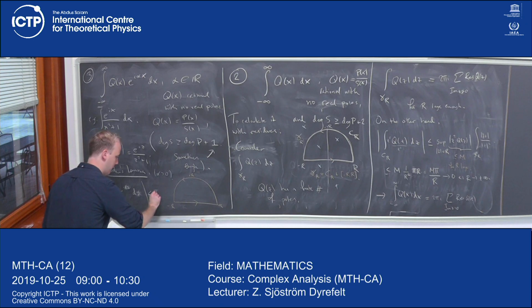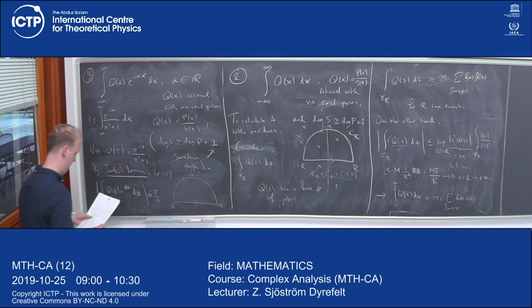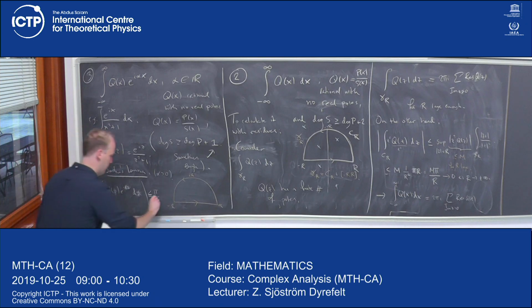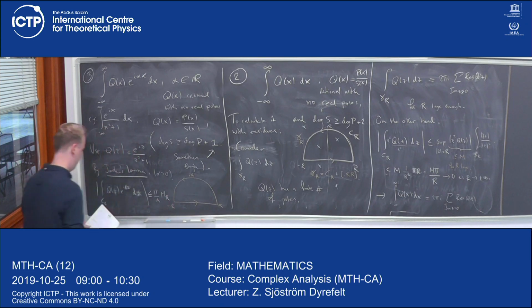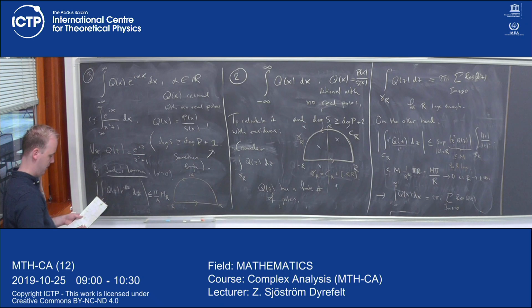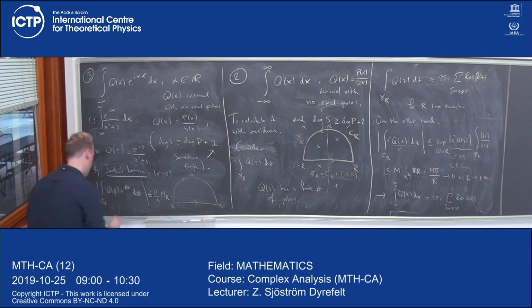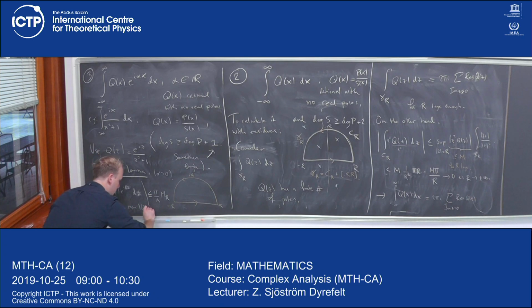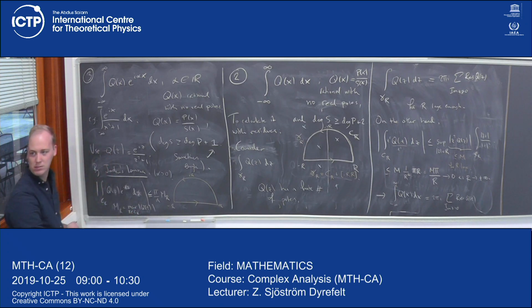Yes, pi over alpha, and then there is something else, M_R. And what is M_R? It is the maximum of the absolute value of q, the maximum over z on this semicircle.